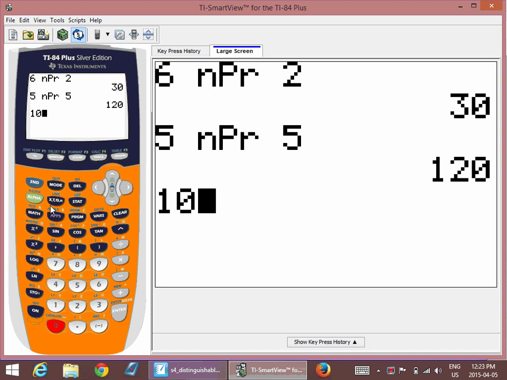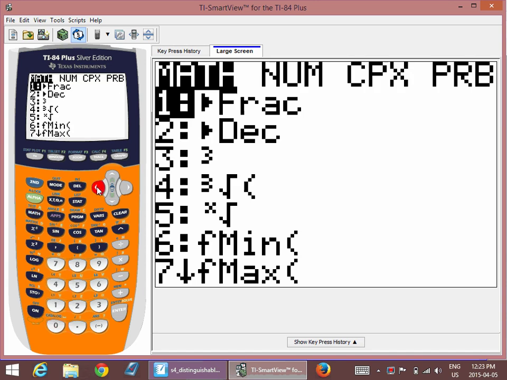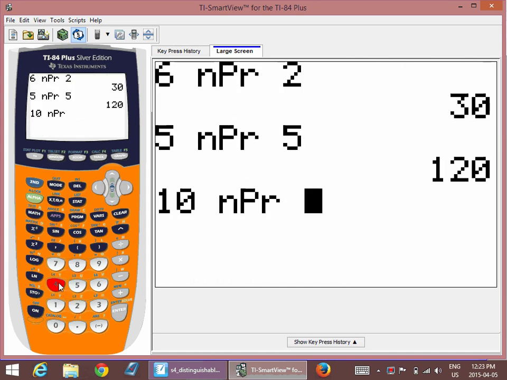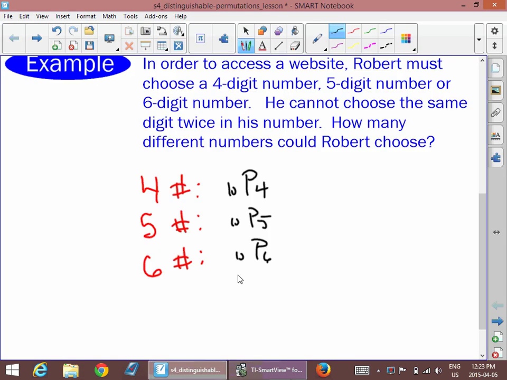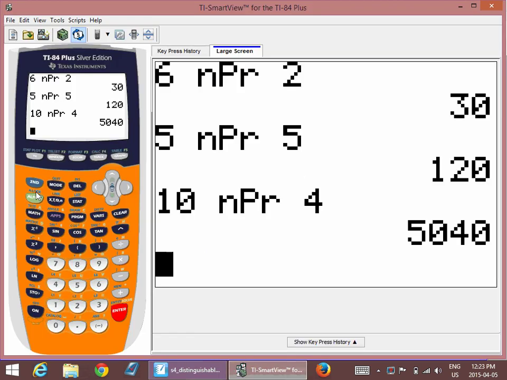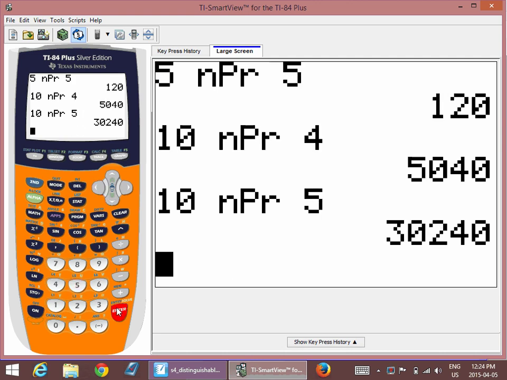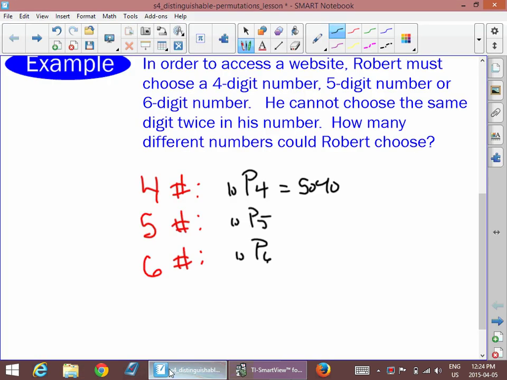10 pick 4 is 5,040. 10 pick 5, so I'm going to cheat here and just go to the second entry and erase that 4 and put a 5. I get 30,240. Makes sense. There's more numbers, so greater number options.